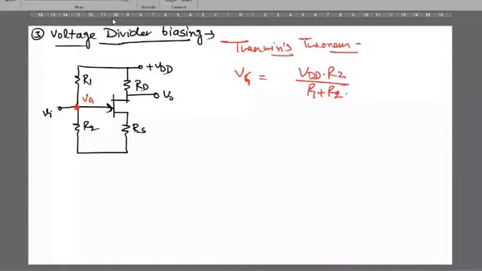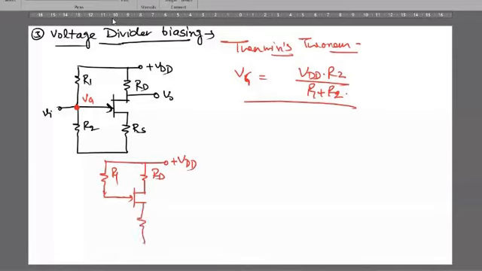You can solve it. And finally, you can make some equivalent circuit here, and that equivalent circuit will be like this: this is R1, this is RD, and this is plus VDD, this is RS, and this voltage is Vg, and this is R2.